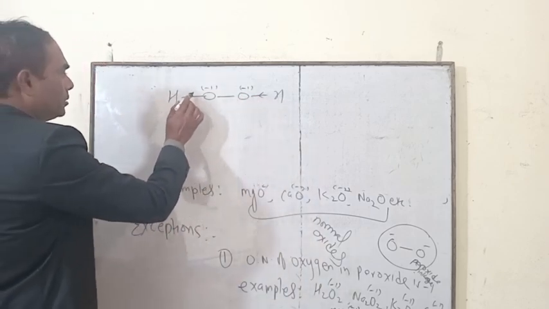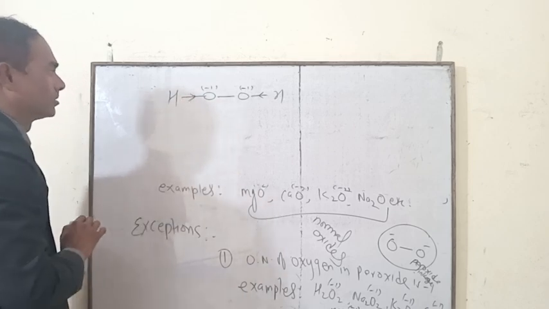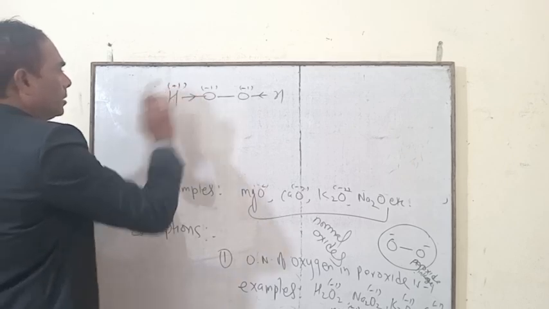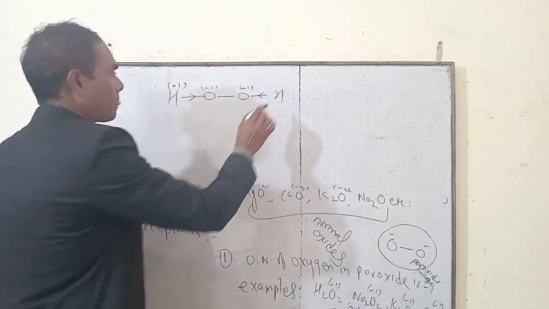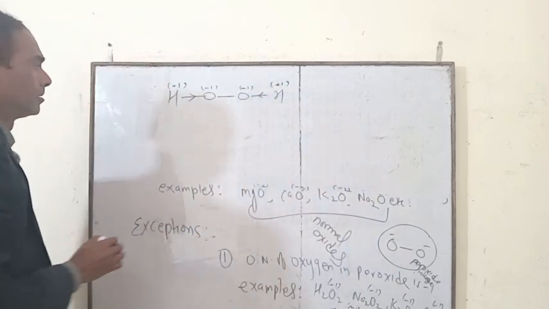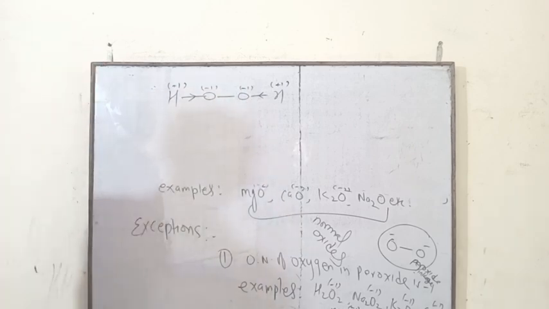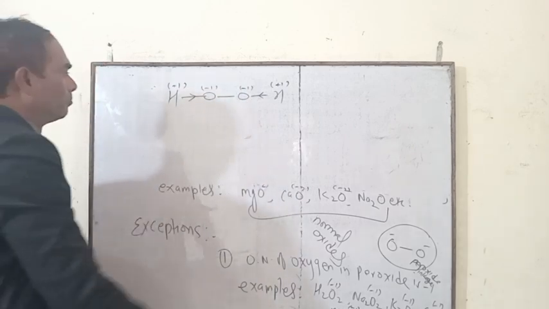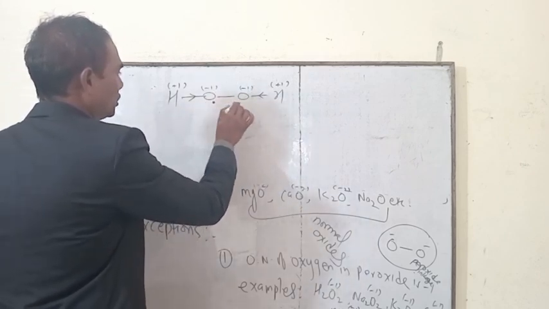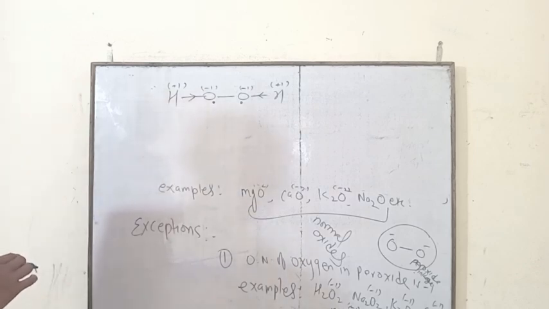In the same way, on this side too. Hydrogen gains positive charge. But here this bonding electron pair is equally attracted by both oxygens, so there is no development of charge. Oxidation number 0.